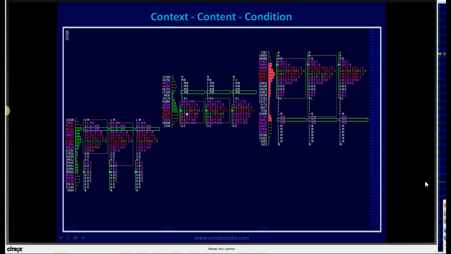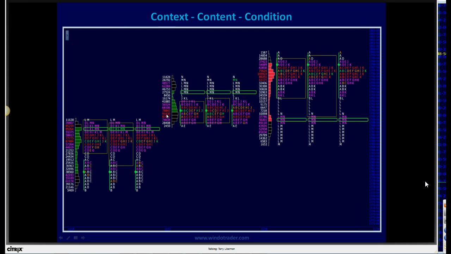Here's one other example. This is an example now of 3 different profiles on the screen at the same time. As I say, if I want 10 of them, I can have 10 of them. But this one, the underlying data set is based upon TPO volume, which is the longest row of TPOs closest to the center of the range.